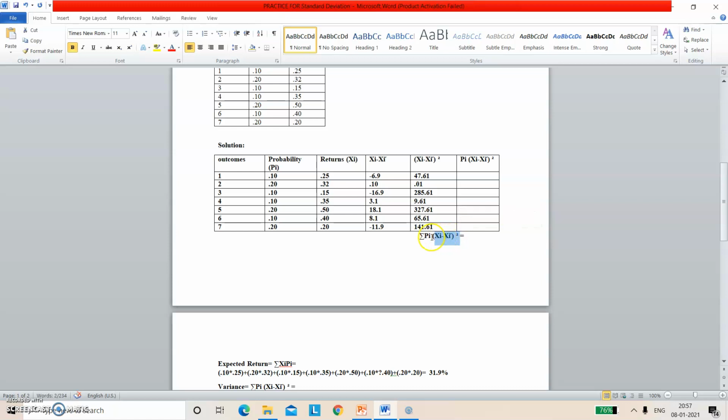Now we are going to multiply these with the individual probabilities. 47.61 into its individual probability, 0.10, gives 4.761. This is very simple. Next is 0.002, then 28.561, then 0.961.